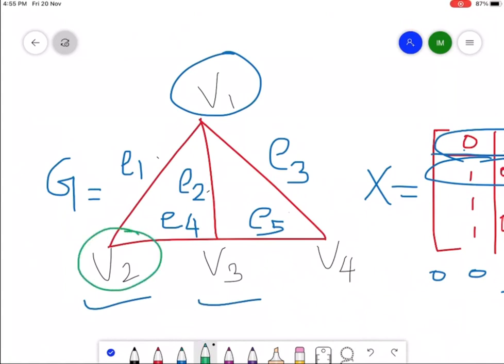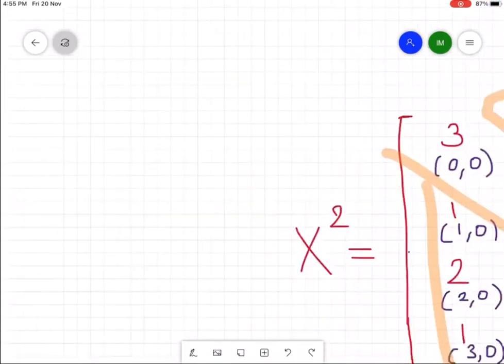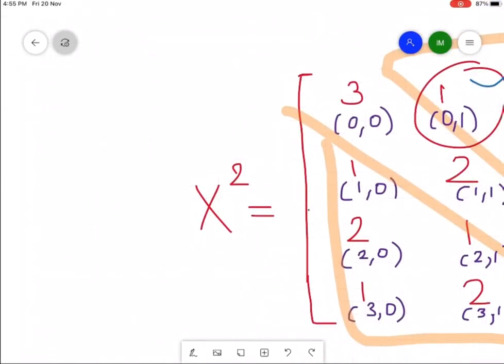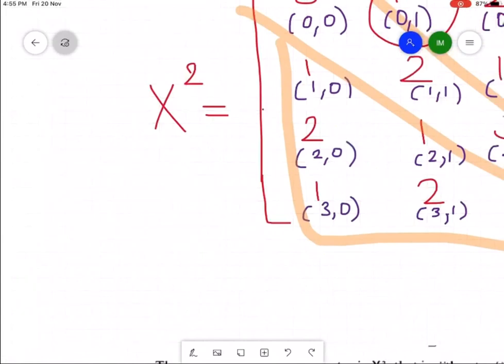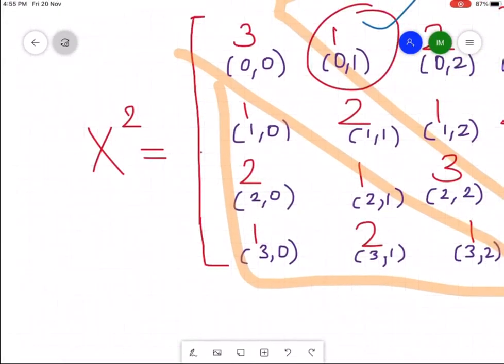Which vertices are adjacent to v2? v1, v3 and v4. The only vertex adjacent to both v1 and v2 is v3. And what is the count? 1. So that's our third one, and that's how we can tell that the value 1 came there in the X square of the adjacency matrix.